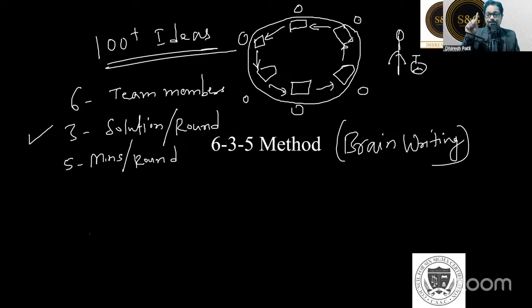Round 1: all the people write their 3 fresh ideas on the sheet. Once the bell rings, they give it to the next person. The second round starts. In the second round, everybody has to write 3 new ideas or modify the earlier ideas given by the other person.